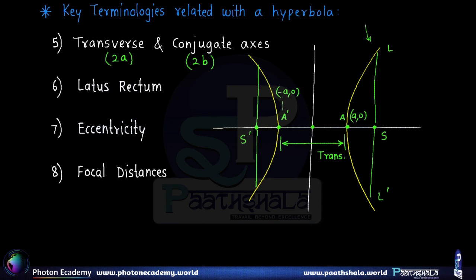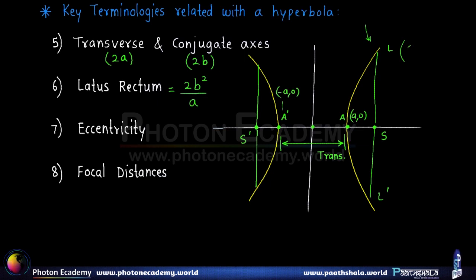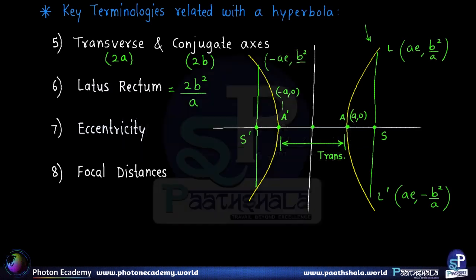Similar to ellipse, the length of the latus rectum of the hyperbola is 2b square upon a, and the coordinates will be AE, b square upon a, and AE, minus b square upon a, and on the other side we have minus AE, b square upon a, and minus AE, minus b square upon a.